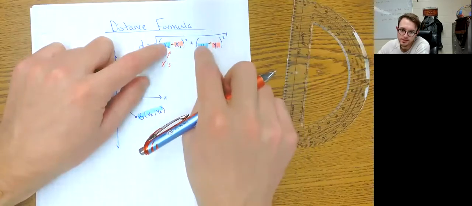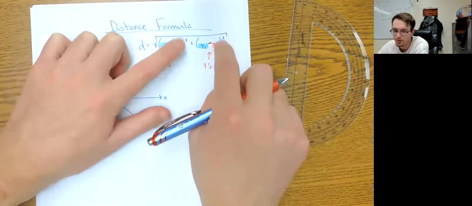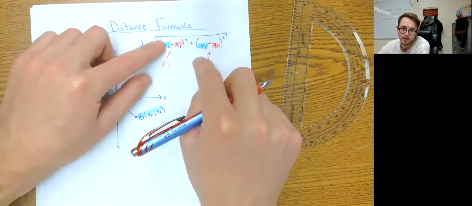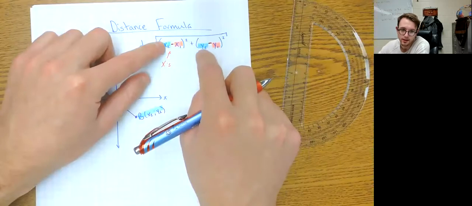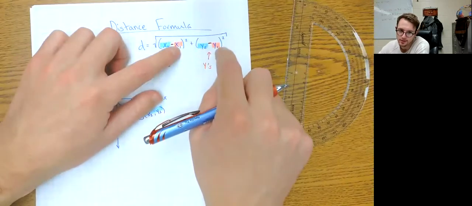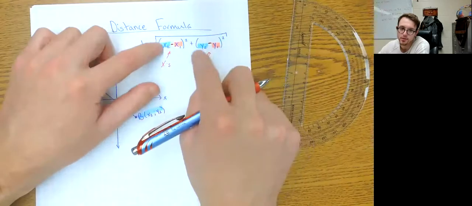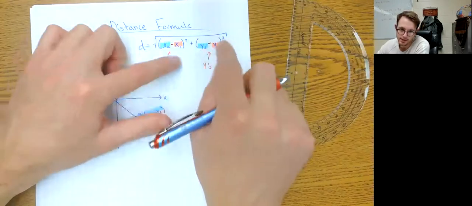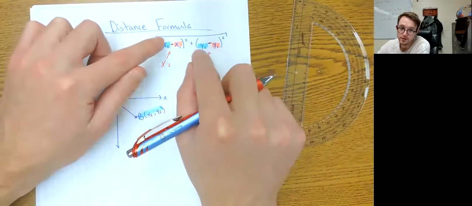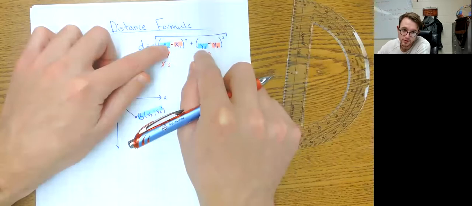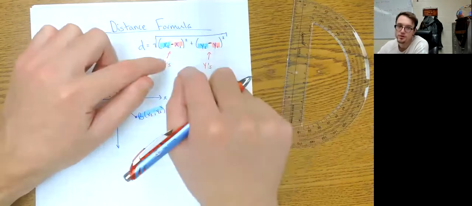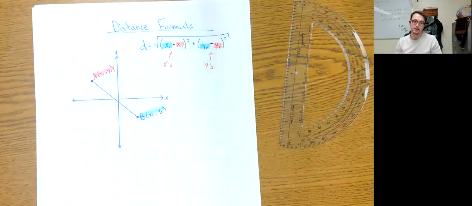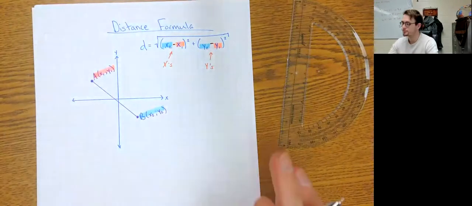It's x sub 2, y sub 2 minus x sub 1, y sub 1. Or you could do x sub 1 and y sub 1 here minus x sub 2, y sub 2. I could have done the pink one first, but it doesn't matter. What matters is that you're not mixing and matching, all right? Either do one point first and then the next point, or do the other point first and then the next point, okay? That'll make more sense as we go, hopefully.